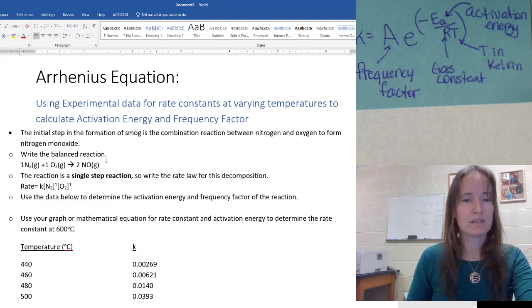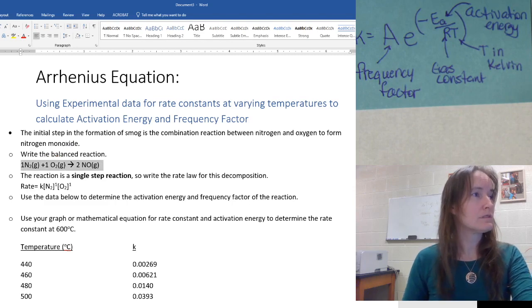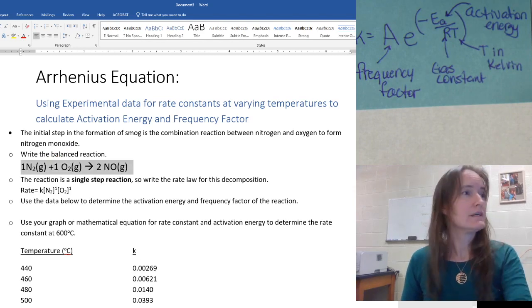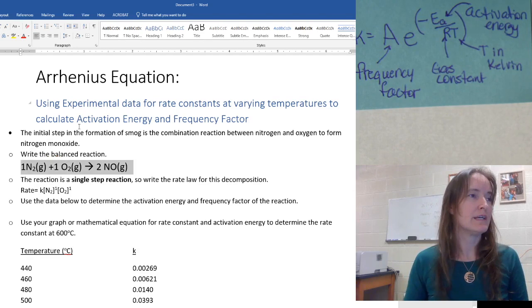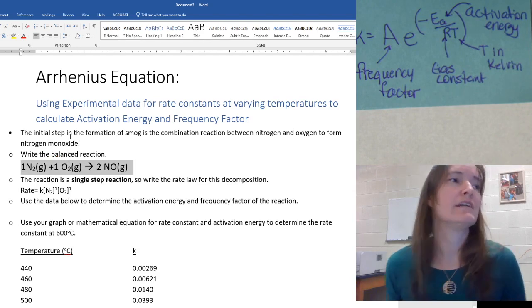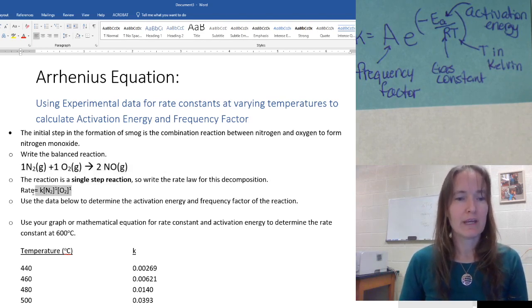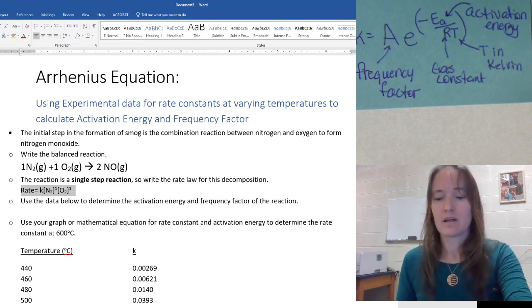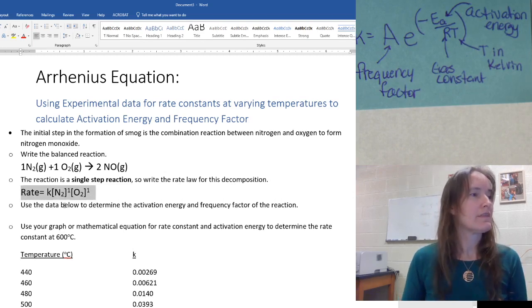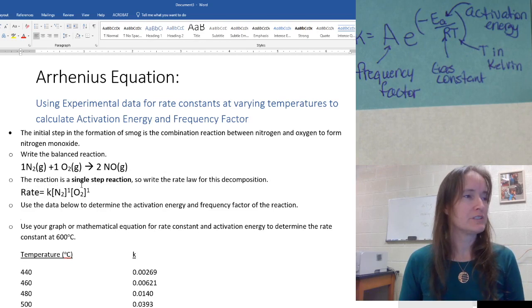So there is the reaction, and because we were told that it was single step. And then again, if it says that it's the initial step, then that's just one step in the process that occurs. But by saying it's single step, we can take the actual reaction and use the coefficients as the order.